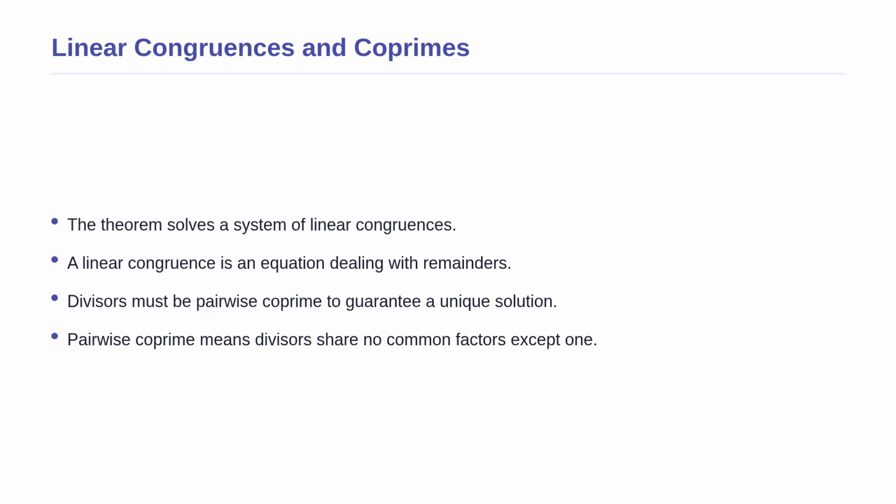This means that if you take any two divisors from your set, they cannot share any common prime factors. If this condition is met, the theorem promises exactly one valid solution that is smaller than the product of all your divisors multiplied together. Any other solution will just be a multiple of that total product.